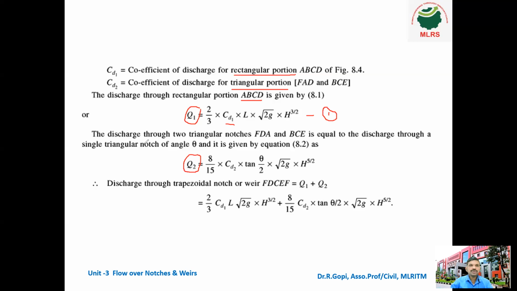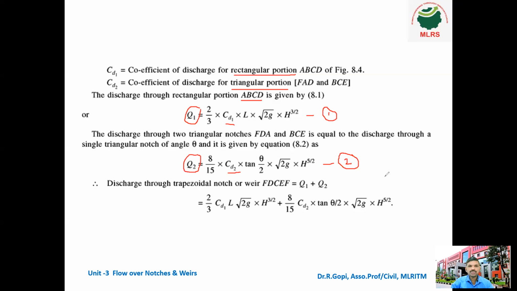Next, come to the triangular portion. Q2 is equal to 8 by 15 into CD2 into tan theta by 2 into root 2g into H power 5 by 2. This is equation 2. So equation 1 is for the rectangular portion and equation 2 for the triangular portion. For the trapezoidal notch we need the summation of Q1 plus Q2, the discharge through the rectangular portion and through the triangular portion.